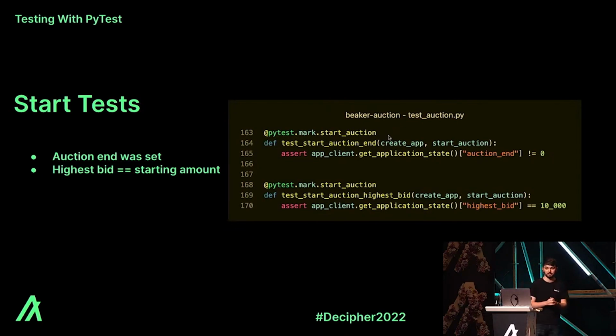And that's an important thing to note here, is that getting the global state is just a single line call. It's just app_client.get_application_state. And this provides a ton of abstraction over a lot of manual things you have to do to get it into something human readable, whereas Beaker does this all for you, and we can just assert that it's equal to 10,000.